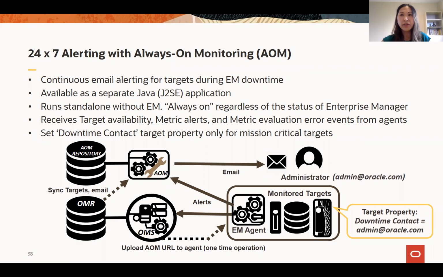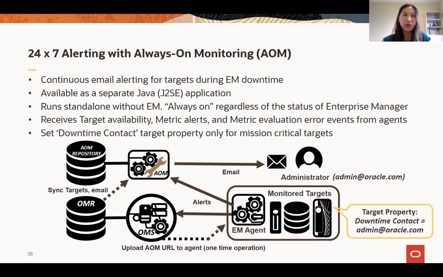What this does is AOM receives target availability events, metric alerts, and metric evaluation errors from agents, and it sends notifications to administrators based on the contact list defined in the downtime contact target property. Only the contacts defined for the downtime contact target property will receive notifications from AOM.